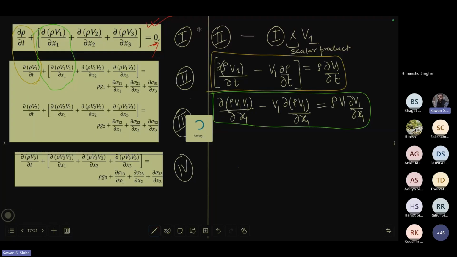I call them 2, 3, and 4. I'm going to do an algebraic manipulation, which is symbolically written here. I'm going to take the first equation, which is the continuity equation, multiply it with V1, and then subtract it out from the second equation here.